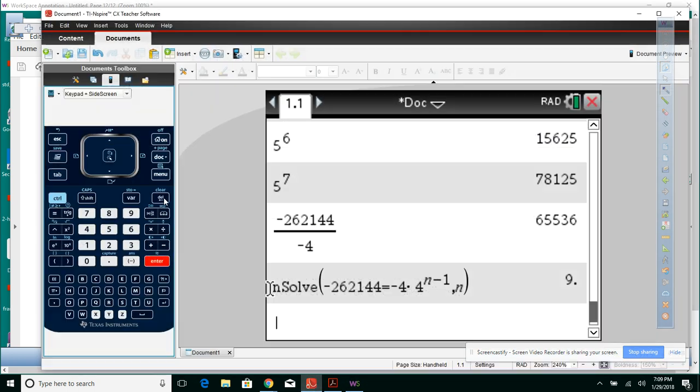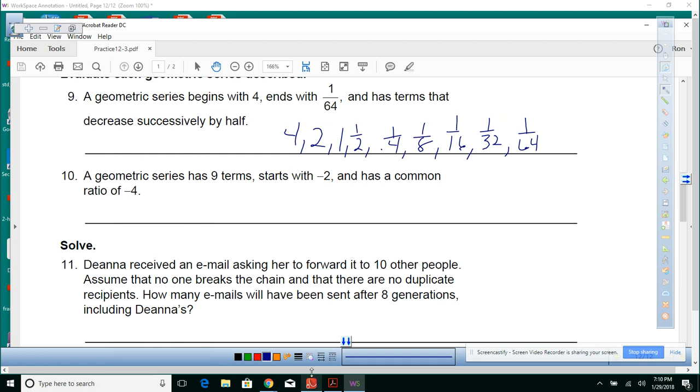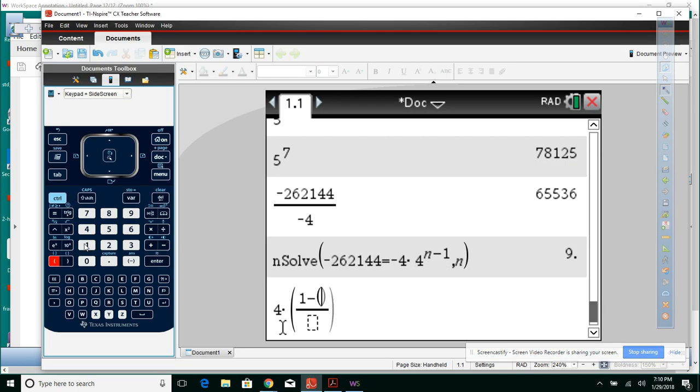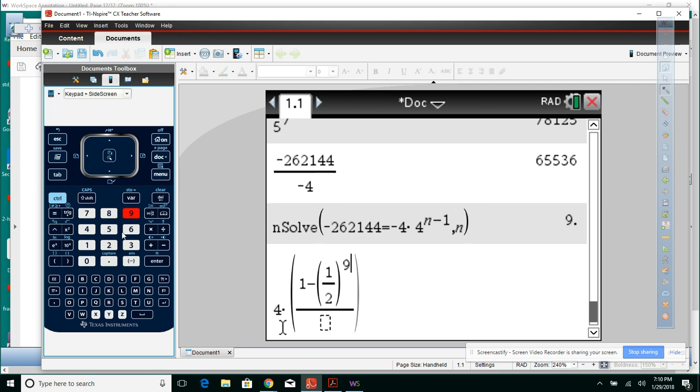So S of 9 equals, and then it started out with 4, so we got 4 times open parentheses 1 minus, and then what was R? R was 1/2, so we got open parentheses 1 divided by 2, caret 9, I think it was.